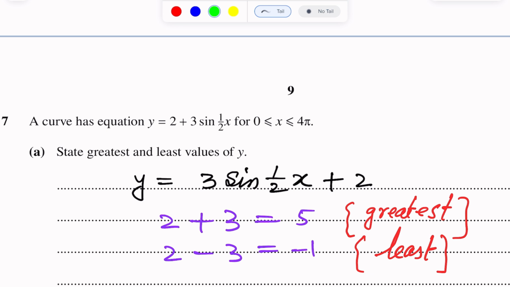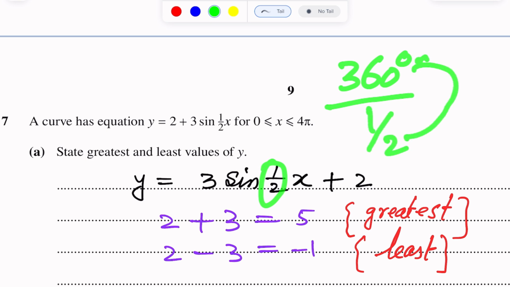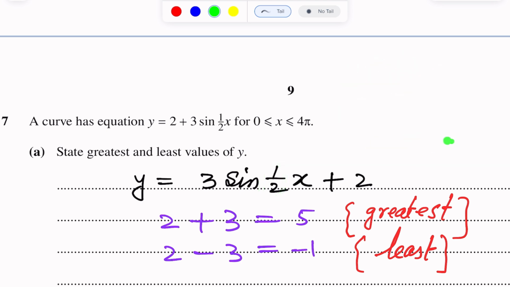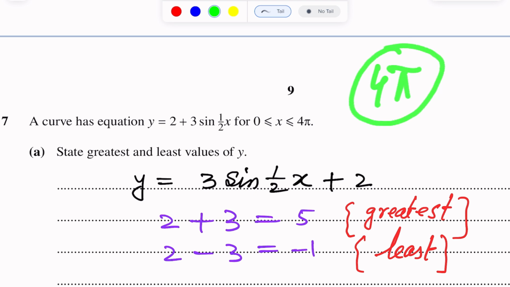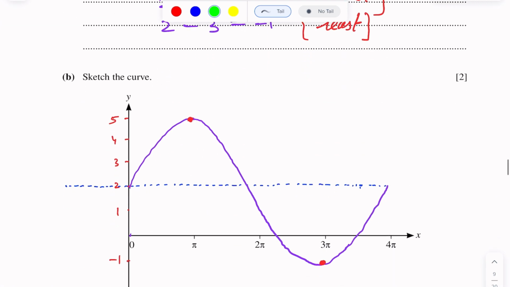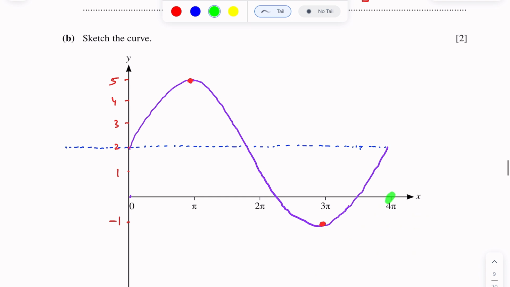Look at this, sine 1 over 2x. To find the period of this function, we divide 360 by this 1 over 2, that becomes 720 degrees. The period is 720 degrees, or in radians, 4 pi, and the graph is given up to 4 pi.